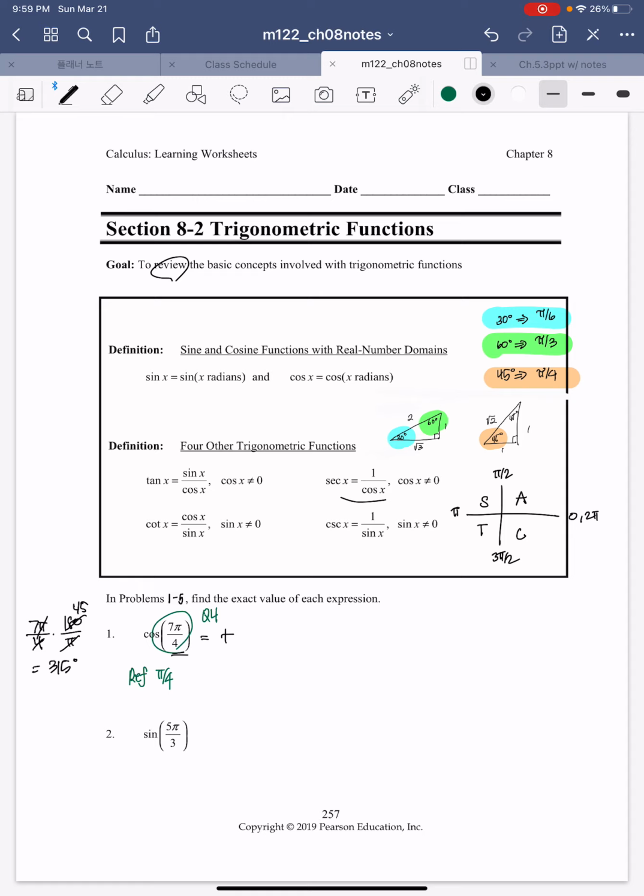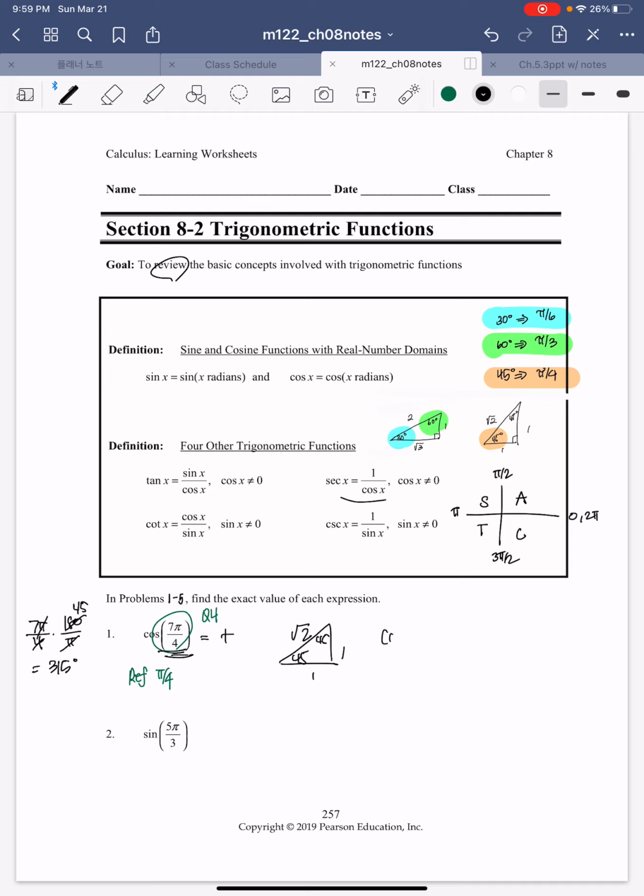So I don't jump right onto the problem. I do all this side work to set up the problem, and you should do the same thing too. Now we are ready. By the 45 degree triangle, I know it's 1, 1, root 2, and it's a cosine.